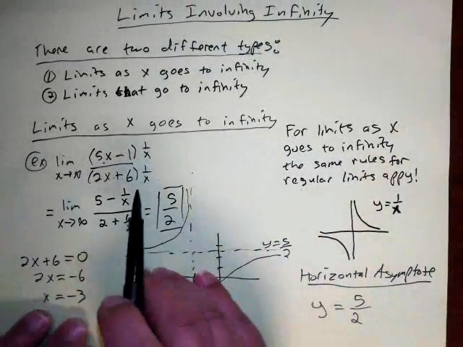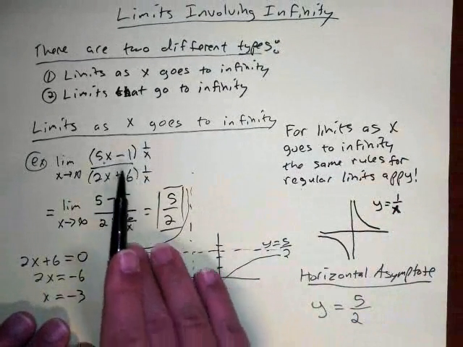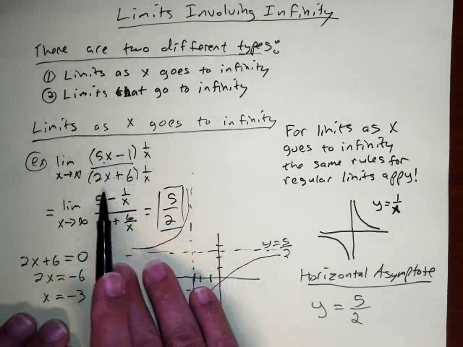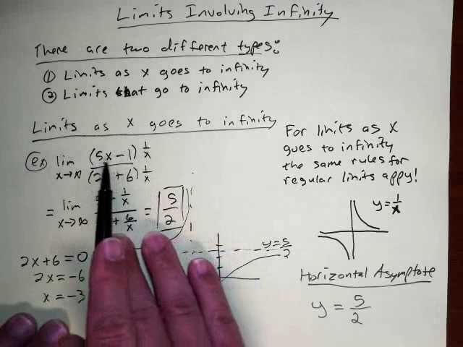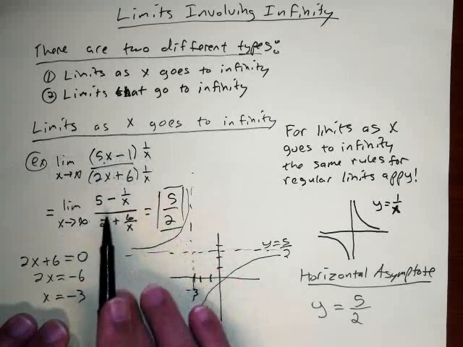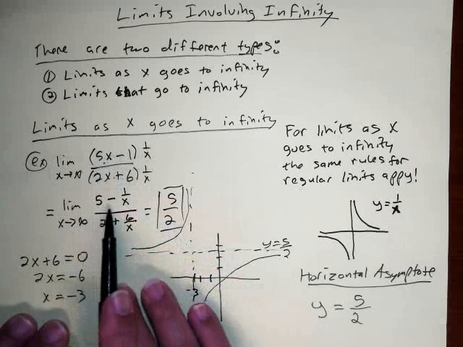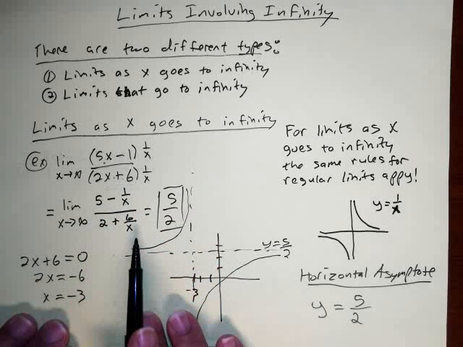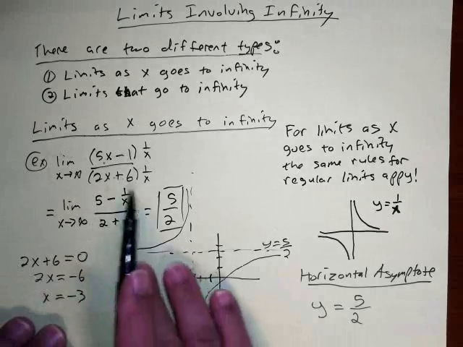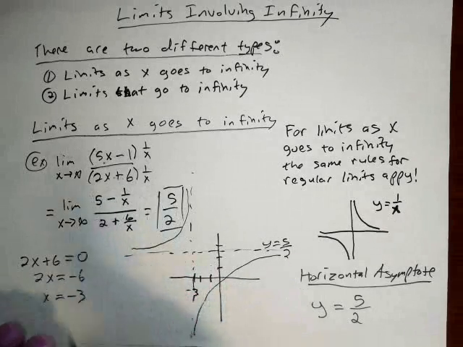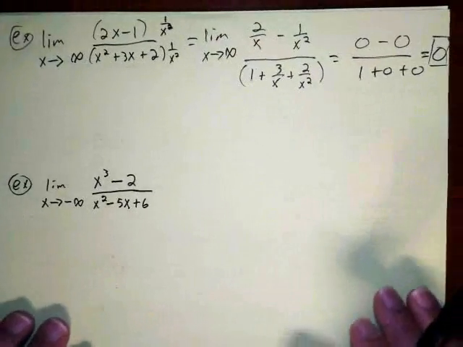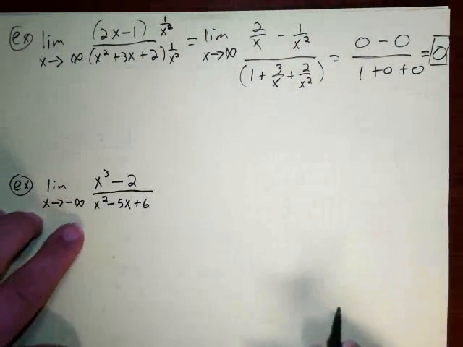This shows you why the asymptote is the ratio of the leading coefficients, because when you divide, the leading coefficients are the only ones that aren't going to be divided by an x. And so all the other ones will go to 0, and you'll be left with the ratio of the leading coefficients. Okay, so now let's look at this one here.